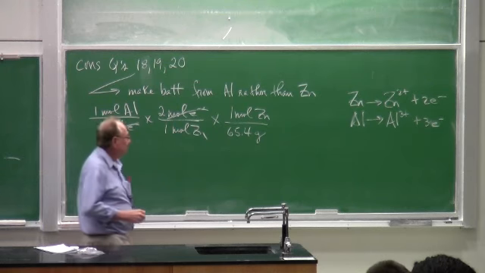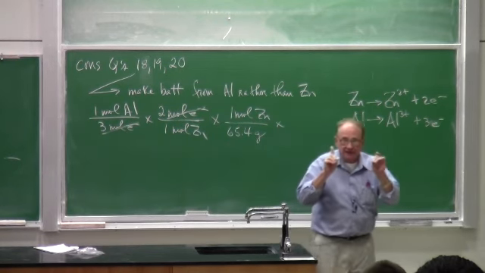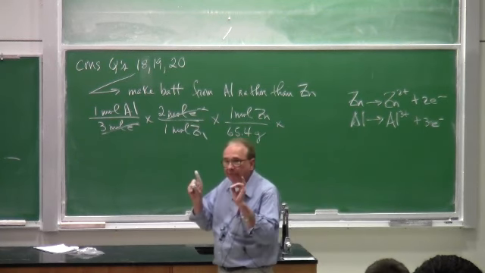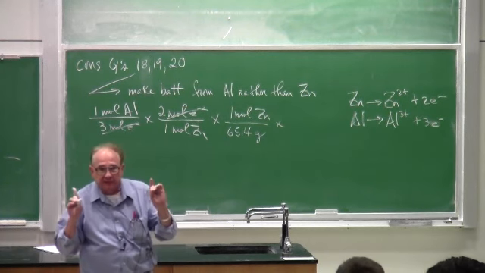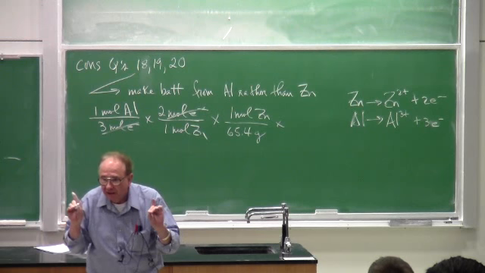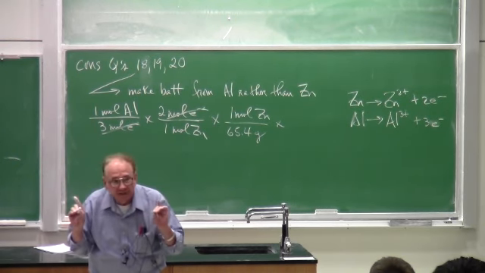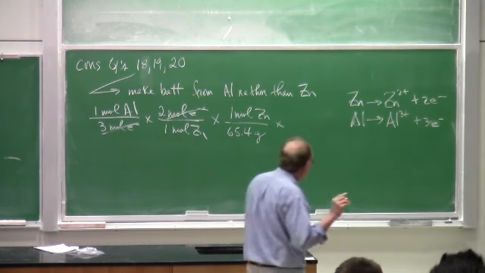And now I can at last complete my setup by adding that remaining factor upon which this entire calculation depends. And what is that remaining factor? What is it? Grams of zinc. It's the amount of zinc that was used to fabricate the original battery.